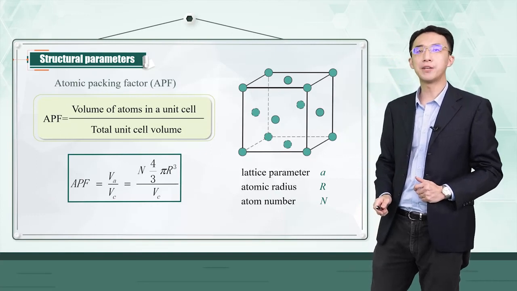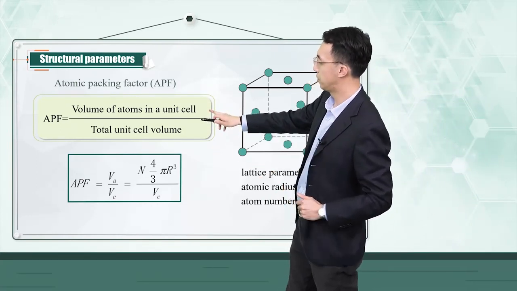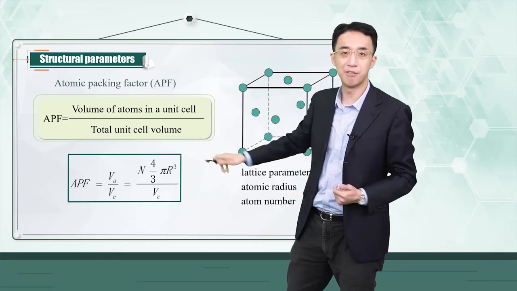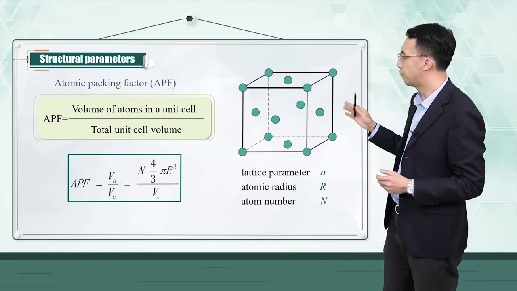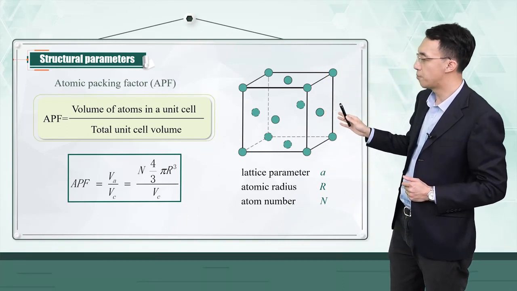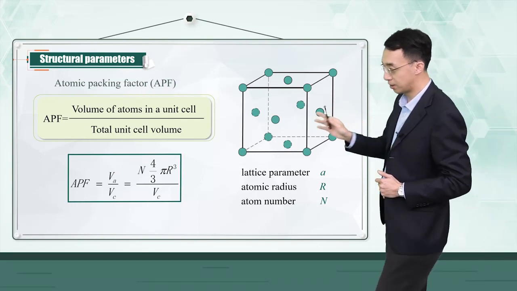So the atomic packing factor is defined by the volume of all the atoms in the unit cell divided by the total unit cell volume. So that's the definition. For example, if you have this face-centered cubic unit cell, you can calculate the total volume of atoms in the unit cell by doing this, right?